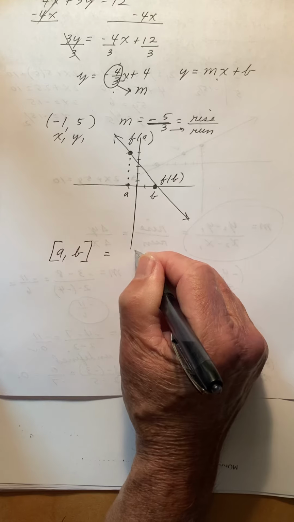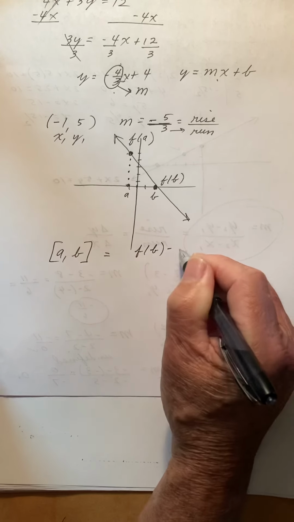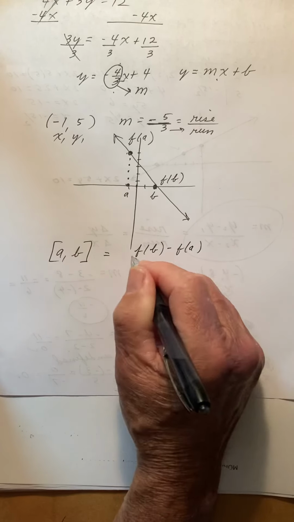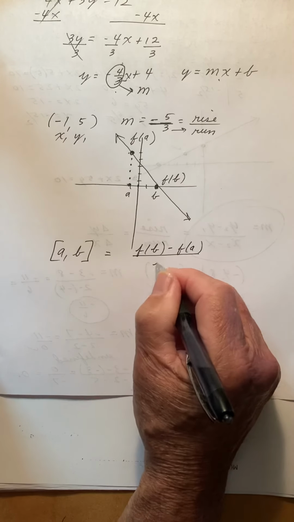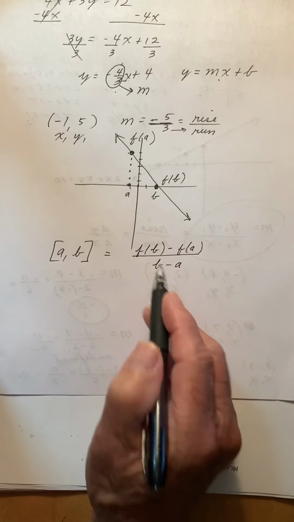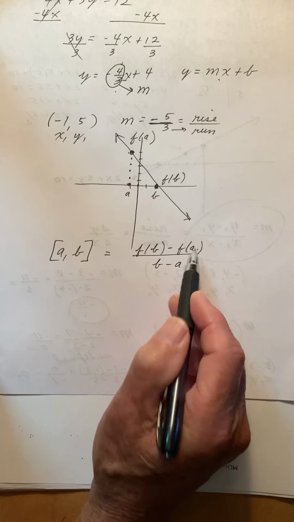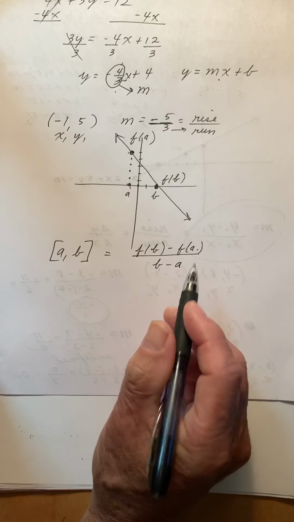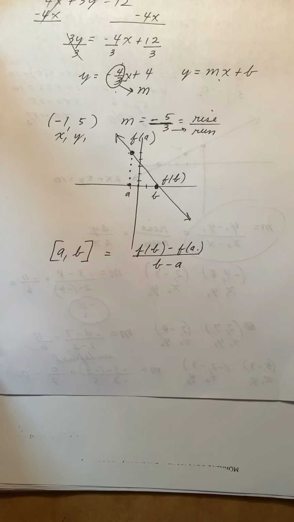So if we took f of B and subtracted f of A and divided by B minus A, notice that B and A come in this order and they come the same order down here. That gives us what we call the average rate of change.